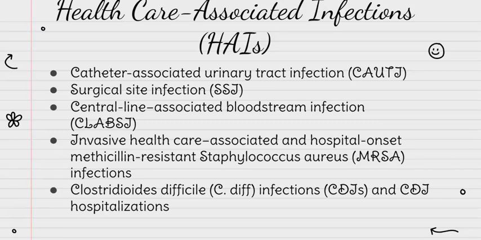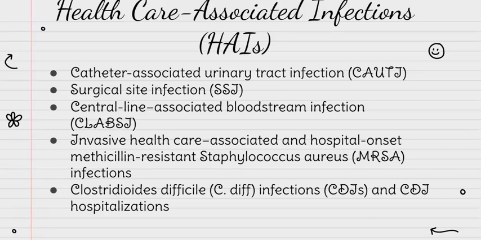The proper use of personal protective equipment, so ensuring that you know which precautions somebody is in and wearing the appropriate gear. Device management, so catheter care: avoid unnecessary catheterization, use sterile technique, and ensure proper maintenance of the catheter. Central line care: follow strict protocols for the insertion, care, and removal of central lines.